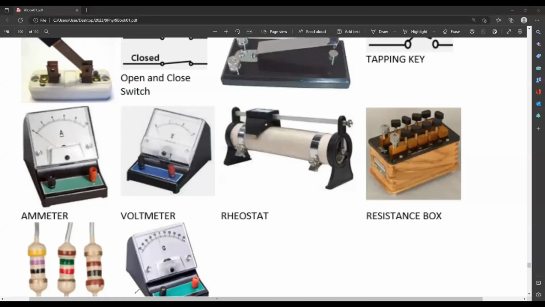So you can see in this particular diagram, there's a picture of a voltmeter, this picture of an ammeter, and this is of a galvanometer with 0 at the center, and there are numbers on either side. If the current is flowing in one direction and it deflects on the left, if the direction of current is reversed, then it deflects on the other side. So therefore, a galvanometer helps you determine the direction of flow of current.